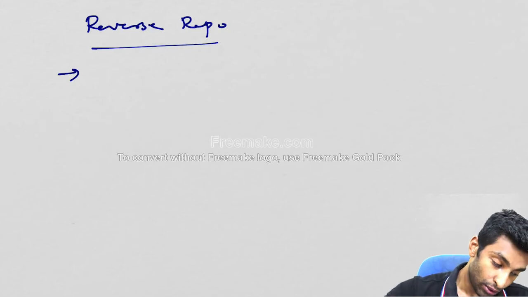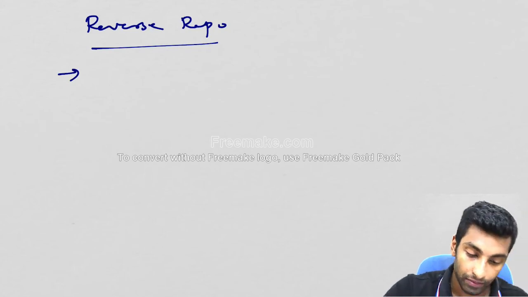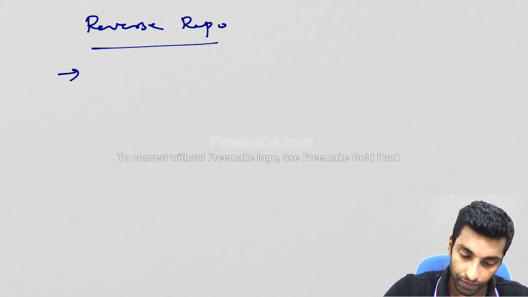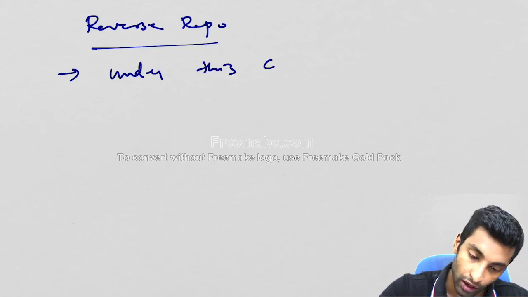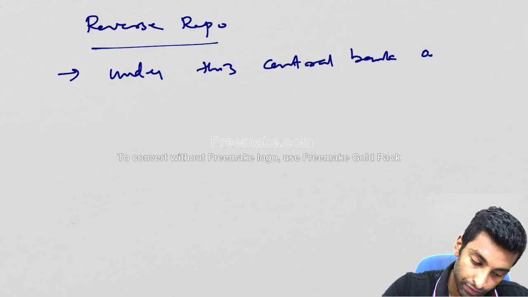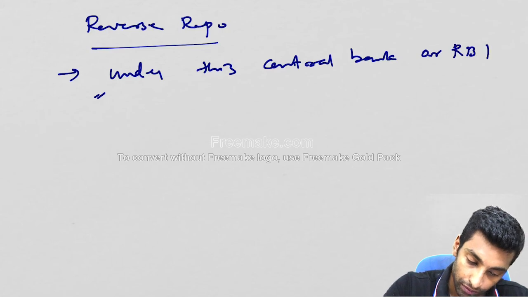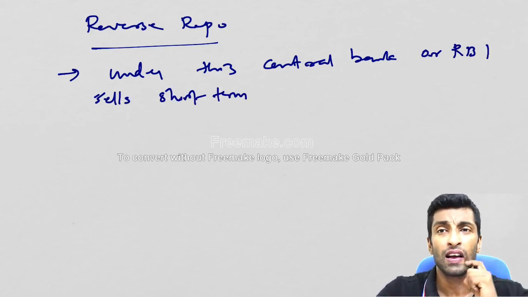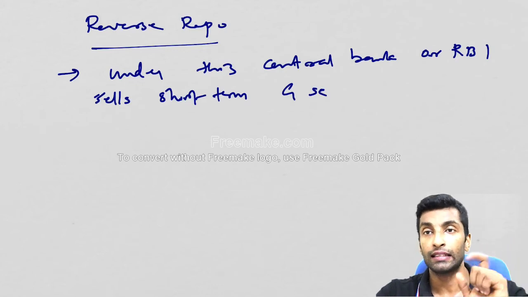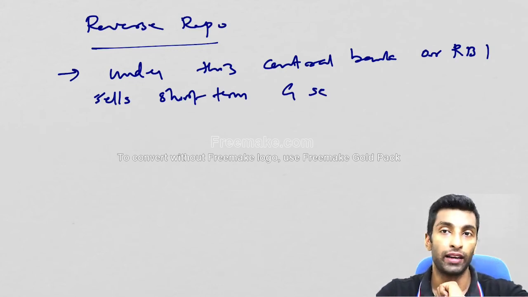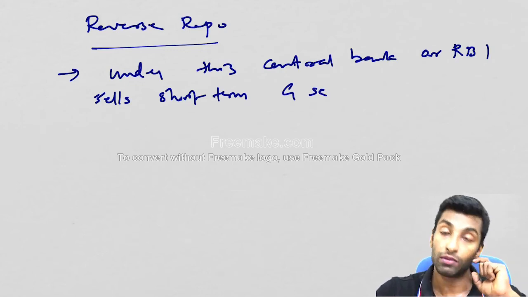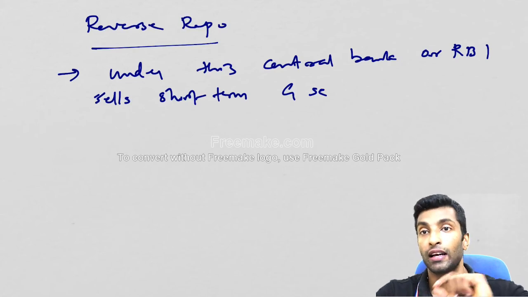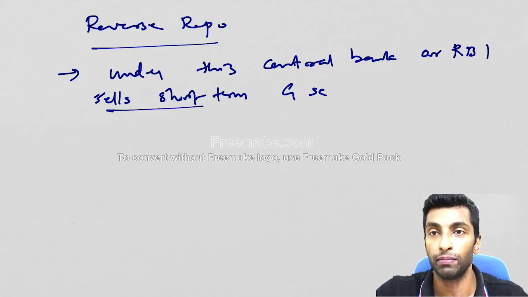Okay, so let me write down the definition. Central bank or RBI sells short-term GSEC. Before, it was buying short-term securities with an agreement to sell them back at a predetermined date. Here, it sells short-term securities with an agreement to buy them back after a particular date.